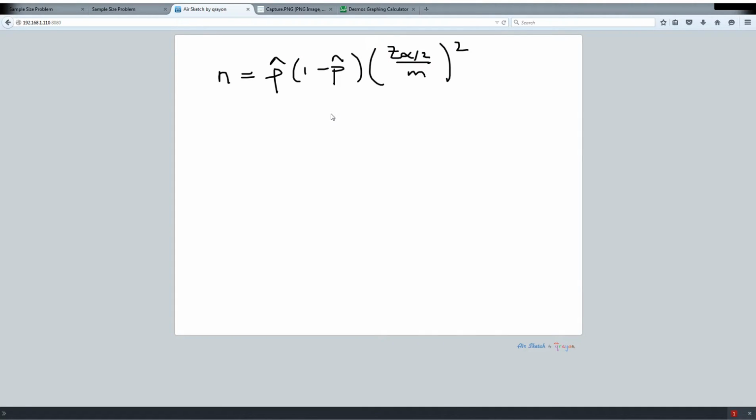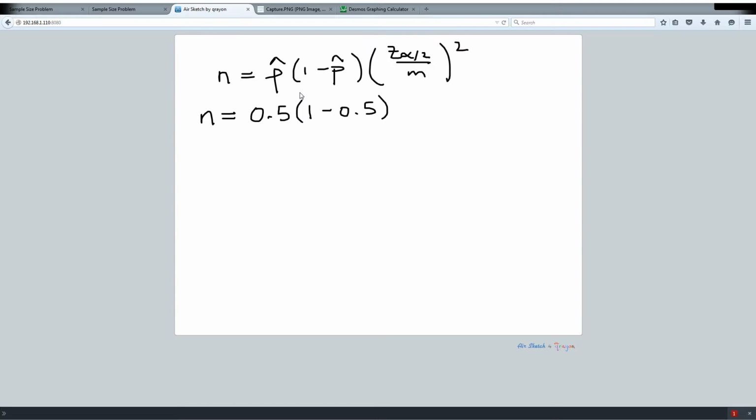Well, it turns out that this part right here, p hat times 1 minus p hat, the largest that will ever be is when p hat is equal to 0.5. And so that's what we need to do here. If they don't tell you what the sample proportion is, then we're going to use a value of 0.5 for that.